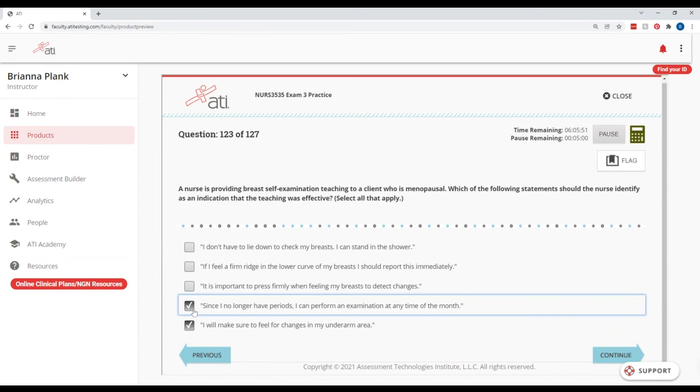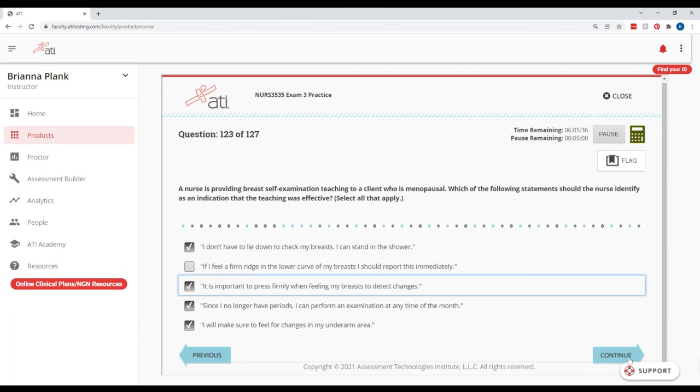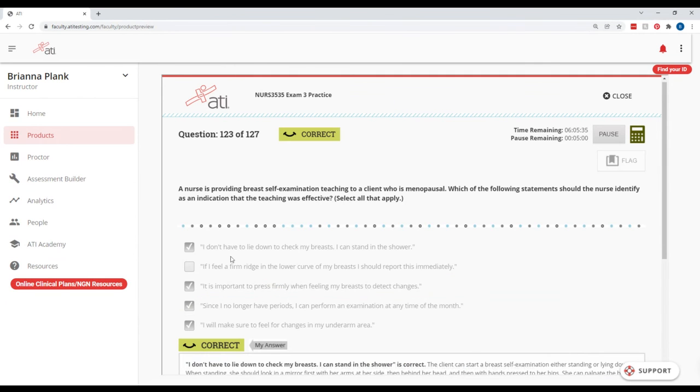I remember there used to be a campaign or an awareness thing that asked women to check their breasts in the shower.